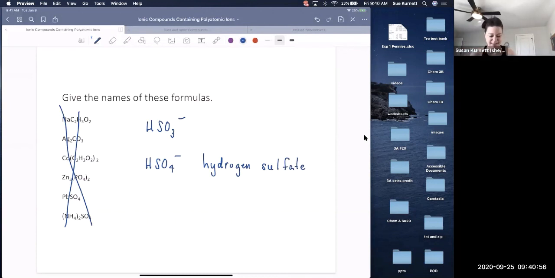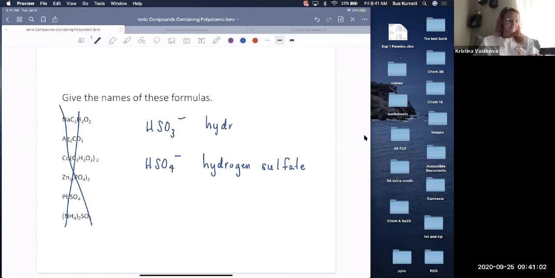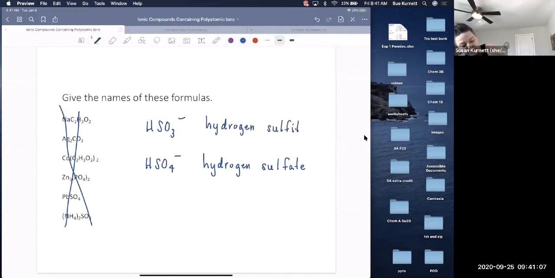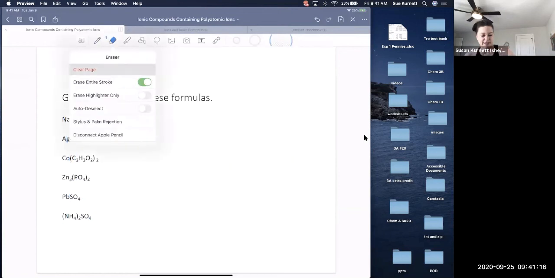So what is the one on top? Hydrogen sulfide. Good. Yeah, so we can apply more than one of these derivative rules to come up with something. Okay, good job. Now that you know the trick, let's do it again.